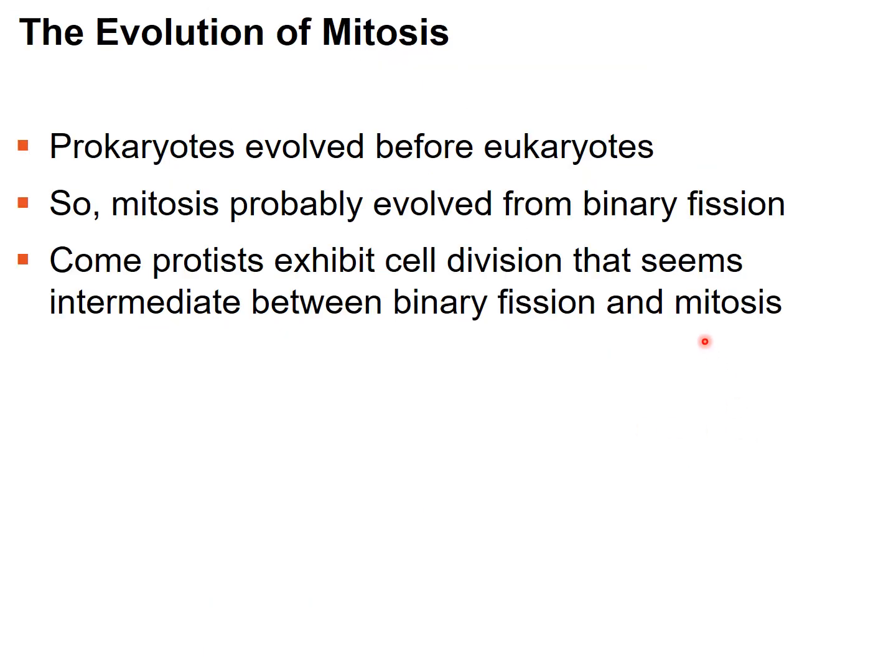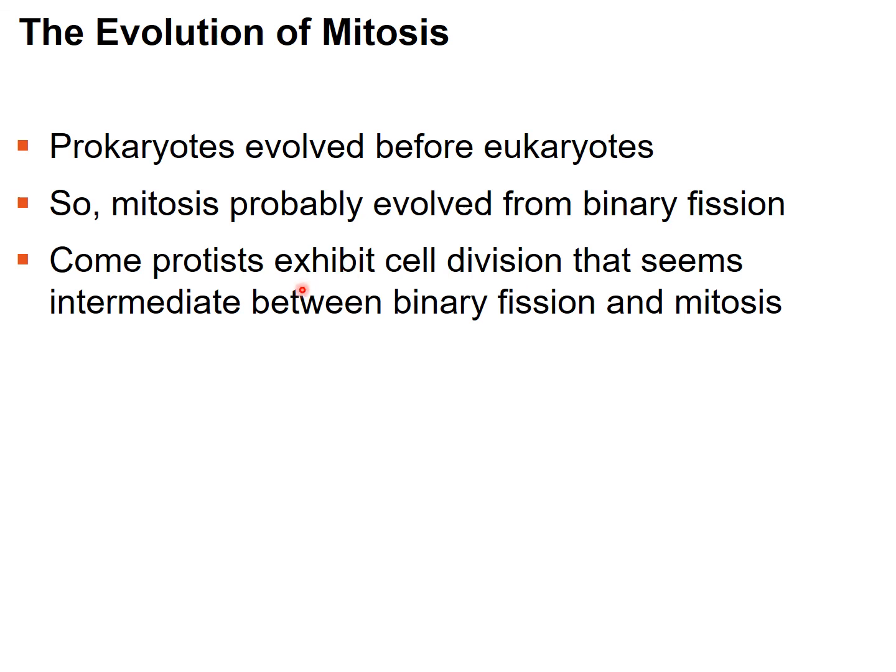All right, so in terms of the evolution of mitosis, there are some thoughts about that, of course. Now, we know that prokaryotes evolved before eukaryotes. So mitosis probably evolved from binary fission. Remember, prokaryotes undergo binary fission. So the process of binary fission was probably changed over time to accommodate eukaryotic cells and resulted in the more complex stages of mitosis.